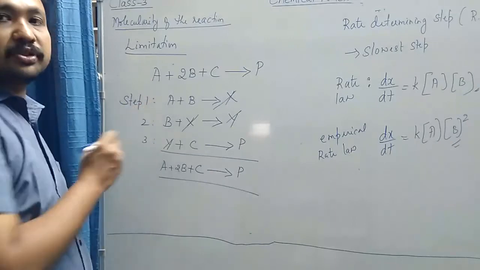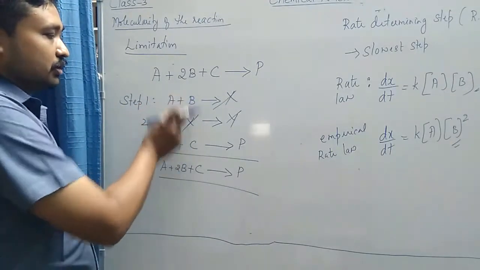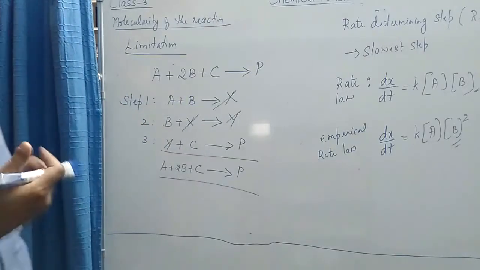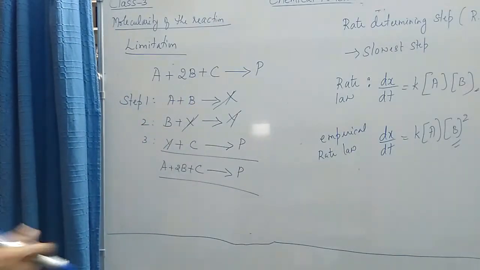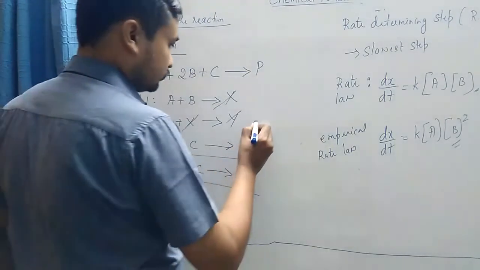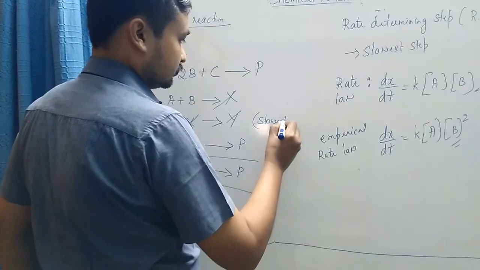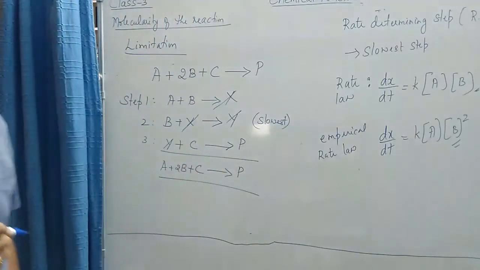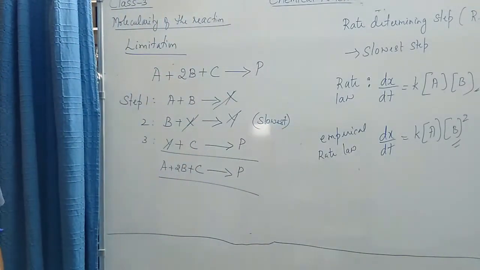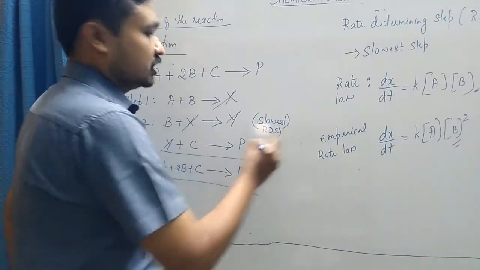Because the reactants involved in each step are different, the rates of the three steps should also be different. And let us assume that this is the slowest step out of the three. So this is nothing but the rate determining step.